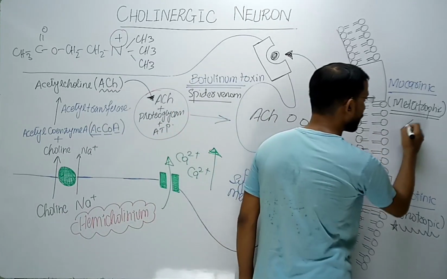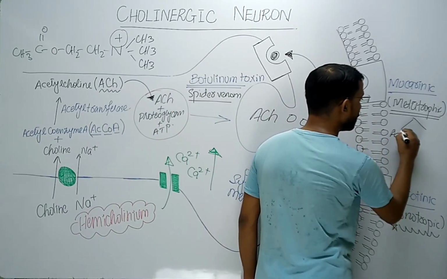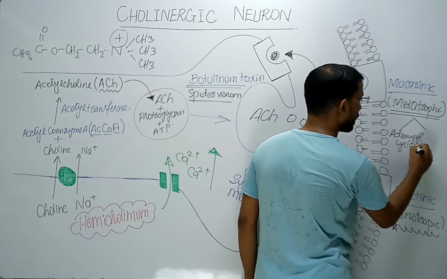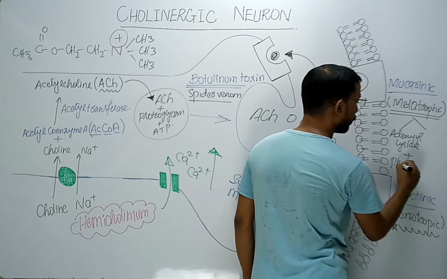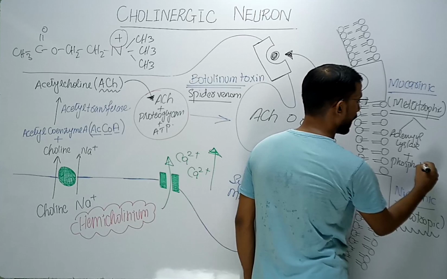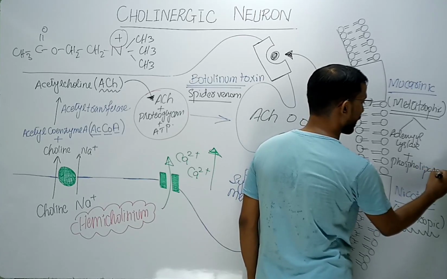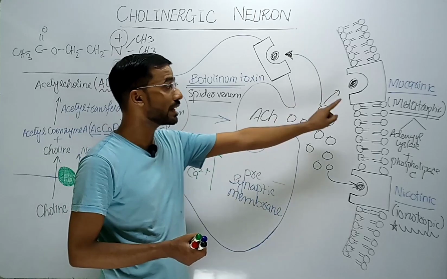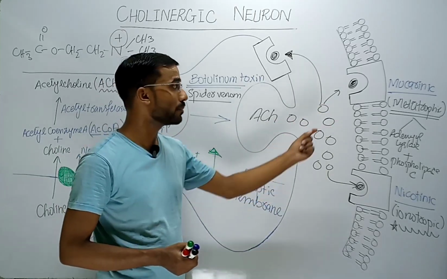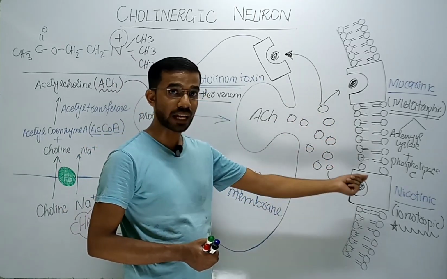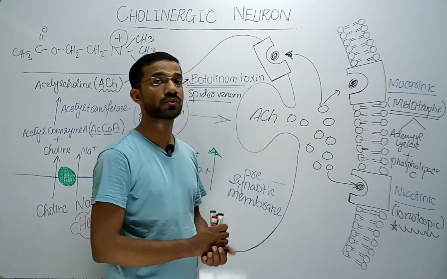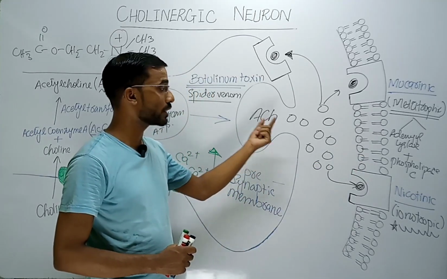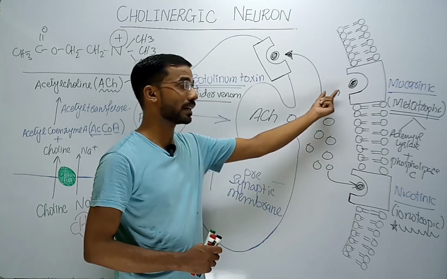One is the adenylyl cyclase mechanism, and second is the phospholipase C mechanism. So the signal is transduced through the muscarinic receptor through two mechanisms. First is the adenylyl cyclase and second is the phospholipase C. So this is how acetylcholine binds to the nicotinic receptor and the muscarinic receptor.